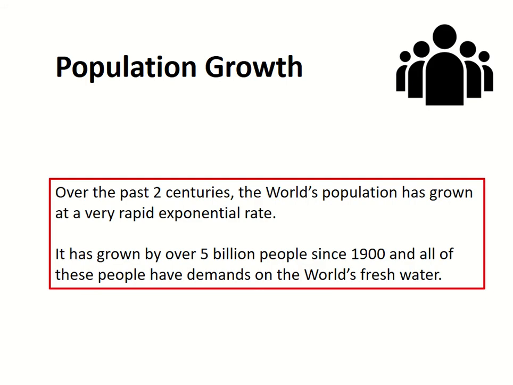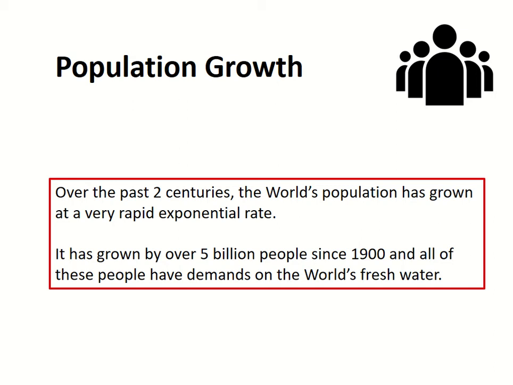Now, over the last 2 centuries, the last 200 years, the world's population has grown at a rapid exponential rate. Since the year 1900, it has grown by over 5 billion people. That is incredibly hard to comprehend, but in the last 120 years, our human population has grown by 5 billion people.